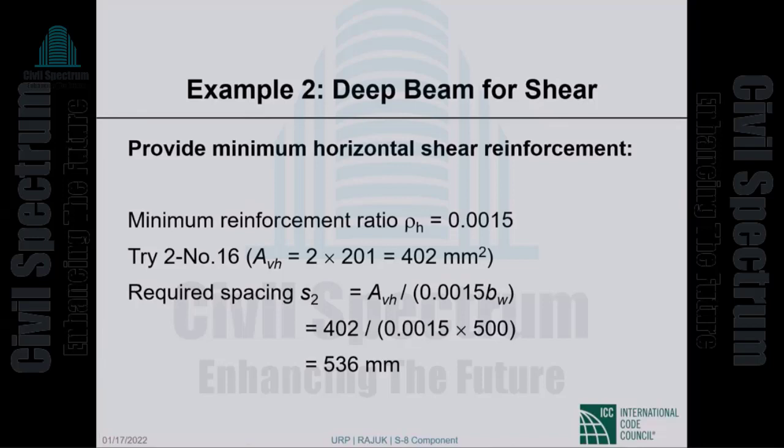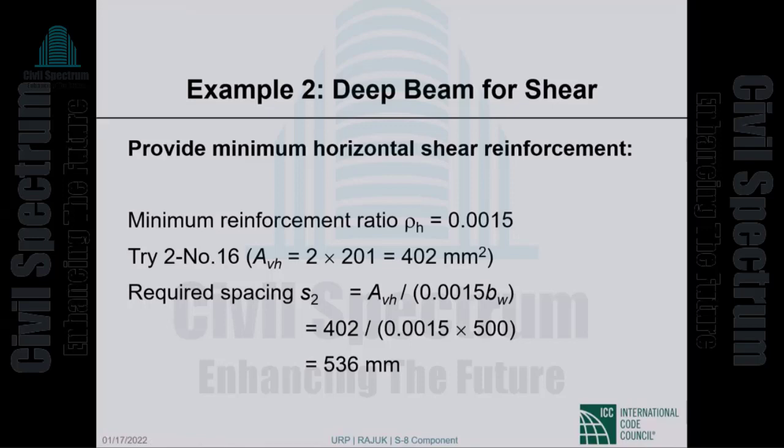Try two number 16 millimeter diameter bars. That will give us A_vh of 402 square millimeters. So the required spacing would be 536 millimeters if we want 0.0015 reinforcement using two number 16, one number 16 on each face.